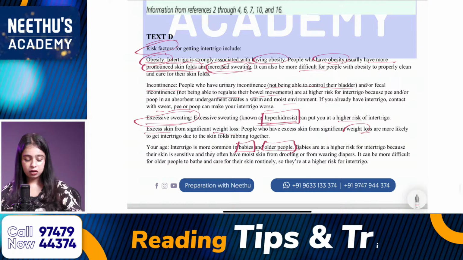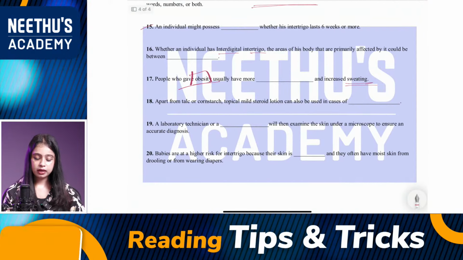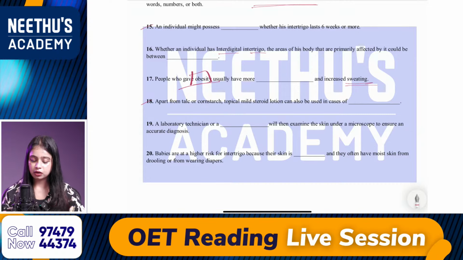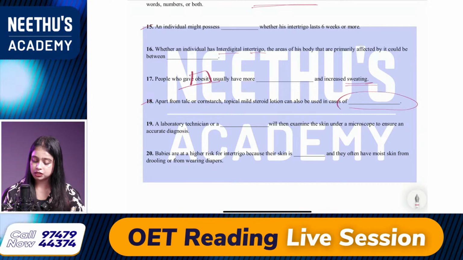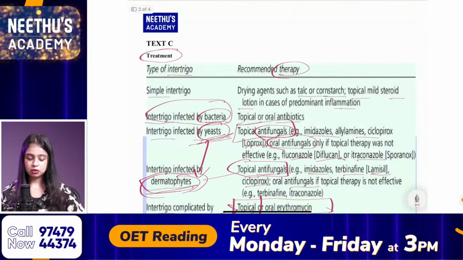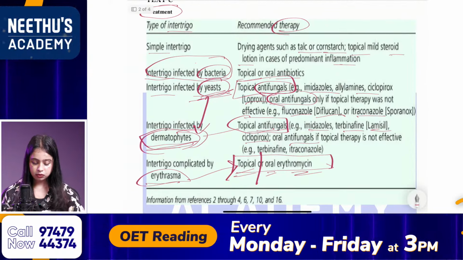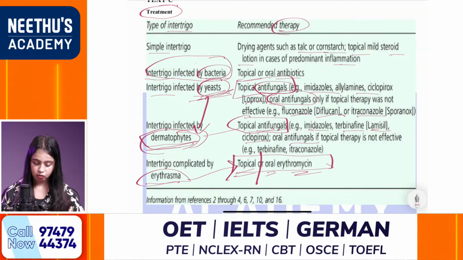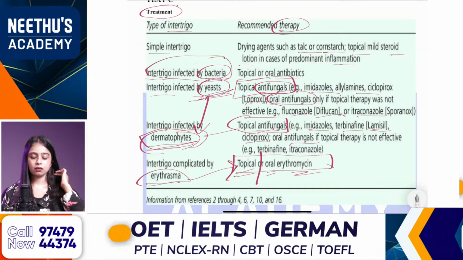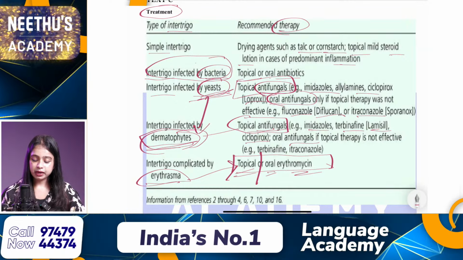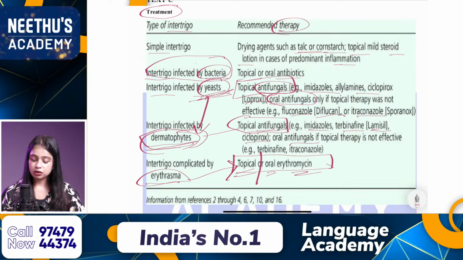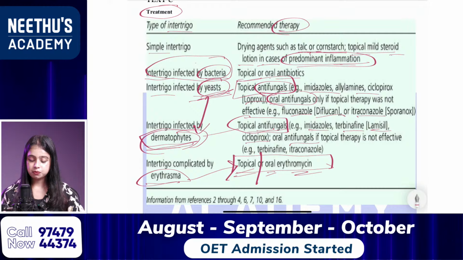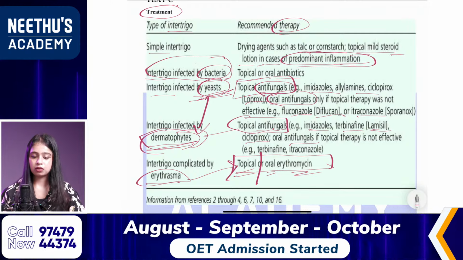Then the next one, 18th one. Apart from talc or cornstarch, topical mild steroid lotion can also be used in cases of dash. No doubt text C. A lot of medicines are mentioned: drying agents such as talc or cornstarch, and topical mild steroid lotion in cases of predominant inflammation.